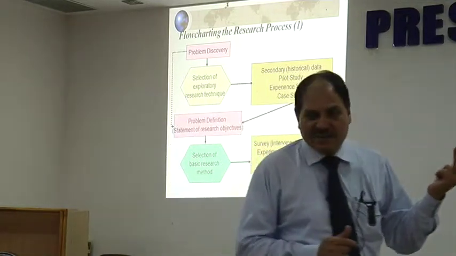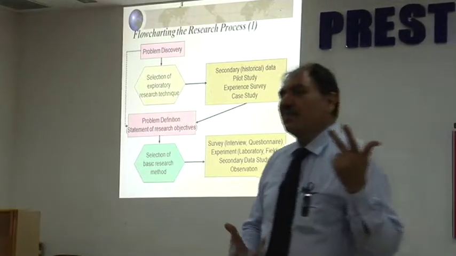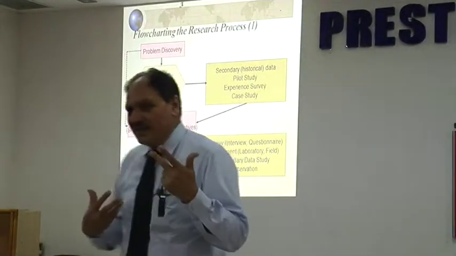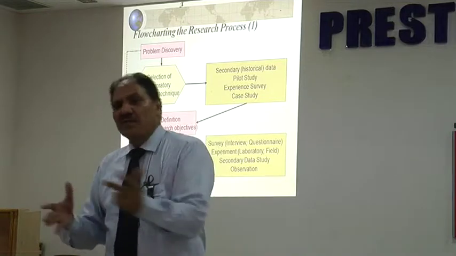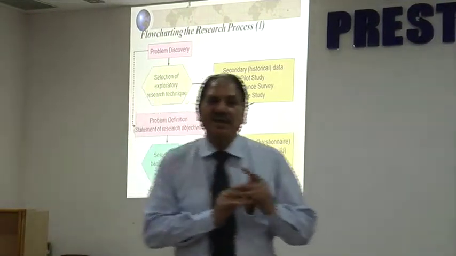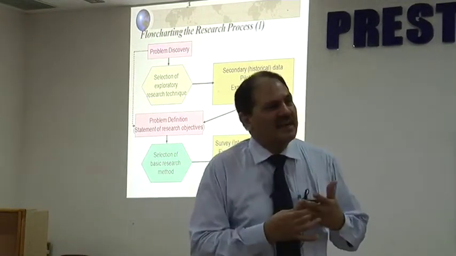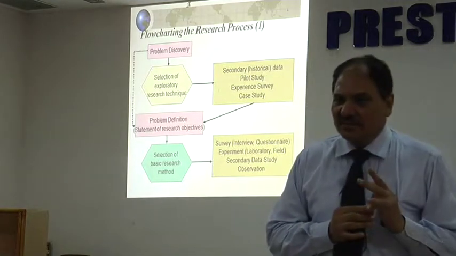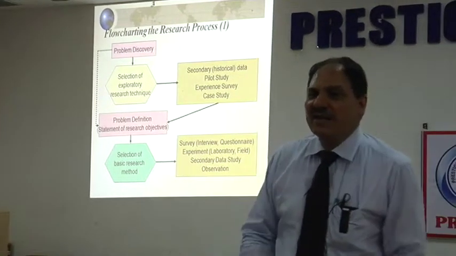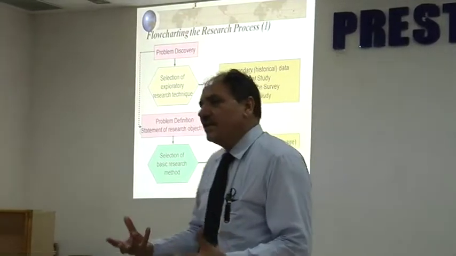Second is descriptive research. Right? You describe the current situation, what has happened over a period of time. Both would come under descriptive research. And the third is causal research. Okay, that is, you identify cause and effect relationship between different variables.